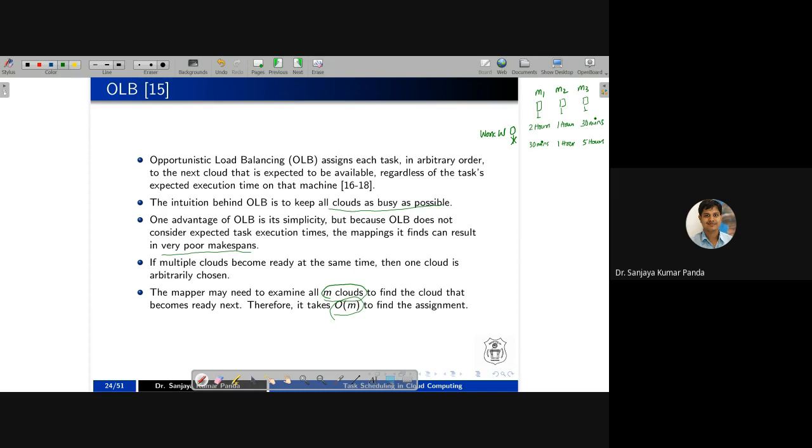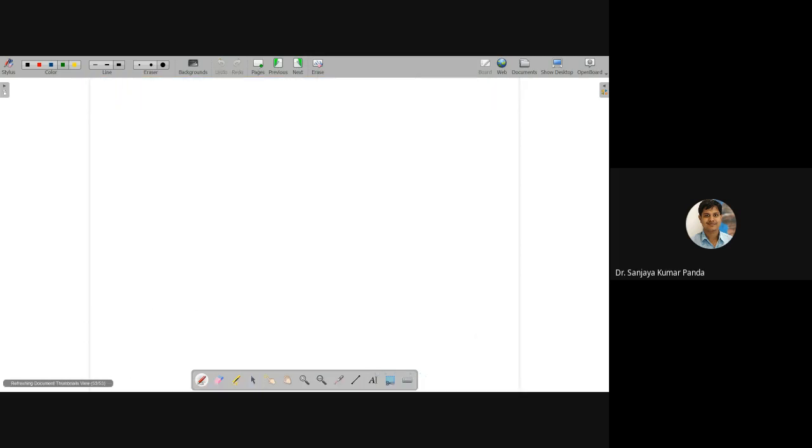So let us take a small example to understand how this OLB algorithm actually works. Let us consider that you have 5 different tasks, T1, T2, T3, T4, T5, and assume that you have 3 different clouds, C1, C2, C3.